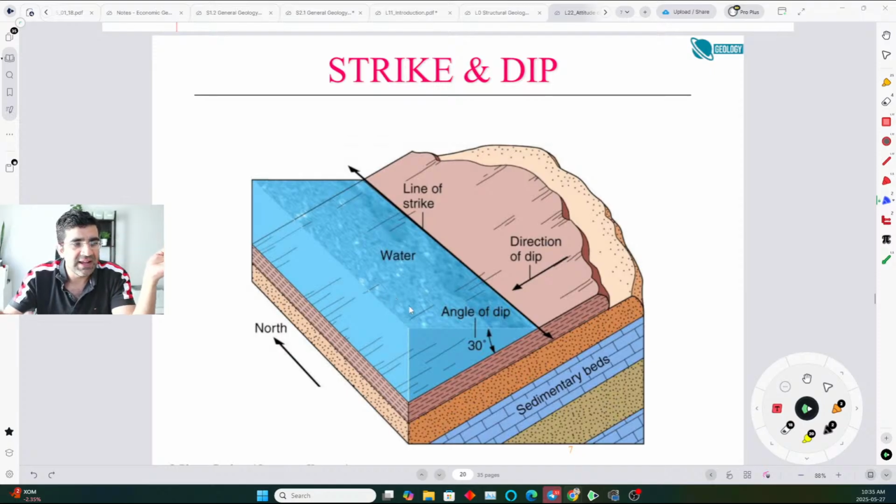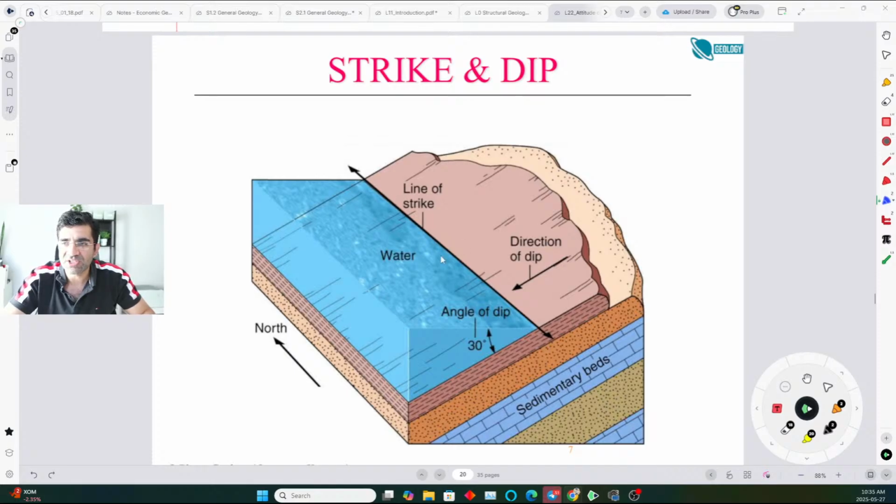Okay. An analogy here is, for example, you have, let's say, these dipping beds, the actual structures or beds are exposed. Let's say the topographic surface and the bedding surface are the same in this case. And you have, basically, let's say, water. Now water surface will try to stay horizontal due to gravity. So this line that you will get here, for example, that will be a strike line.